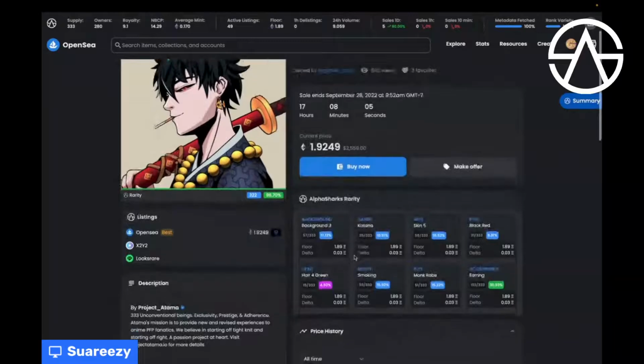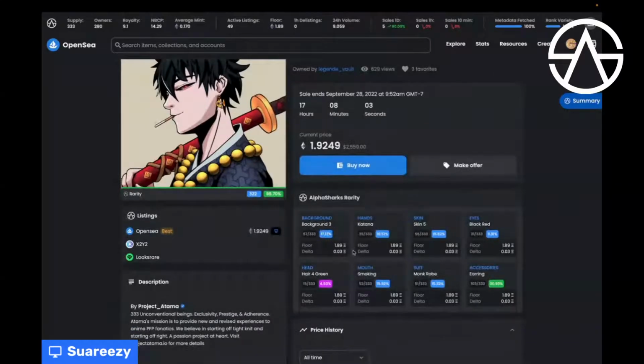And this is going to, again, have a numerical or a color-coded breakdown for the statistics that we're actually looking at. So one of the cool things that we get to see is, again, what marketplace that they're actually listed on. We get to see that this one's only listed on OpenSea itself, not on X2Y2 or LooksRare.